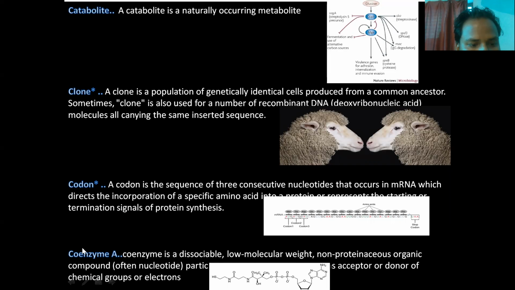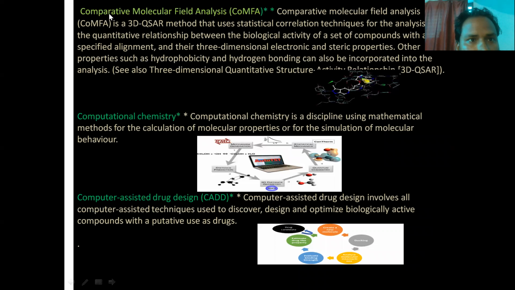So next we will talk about coenzyme A. It is actually an organic compound, an easily dissociable, low molecular weight, non-proteinaceous compound. Often these are nucleotides, and they participate by either accepting or donating electrons or chemical groups. So these are the coenzymes. Next we'll talk about comparative molecular field analysis, or CoMFA.